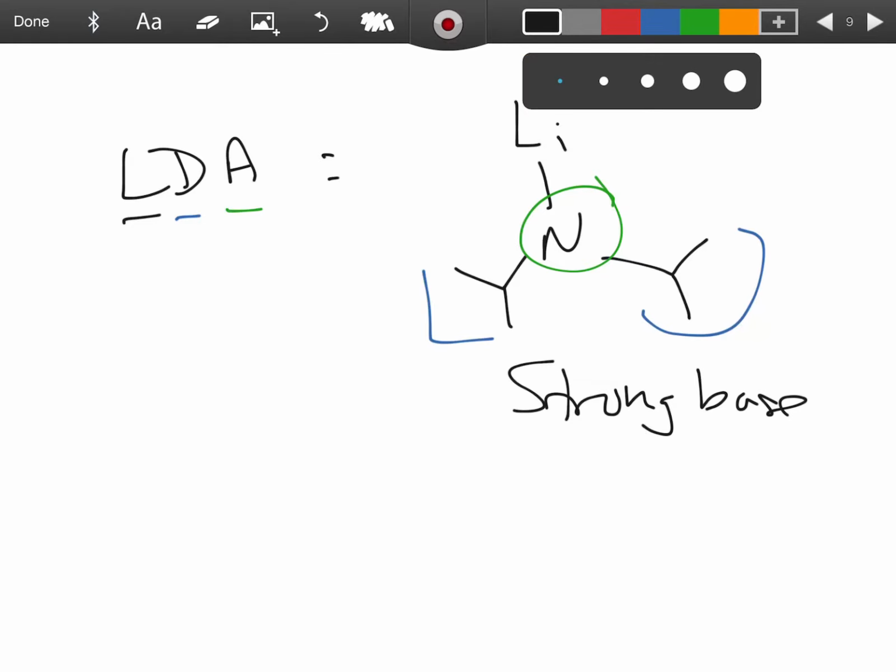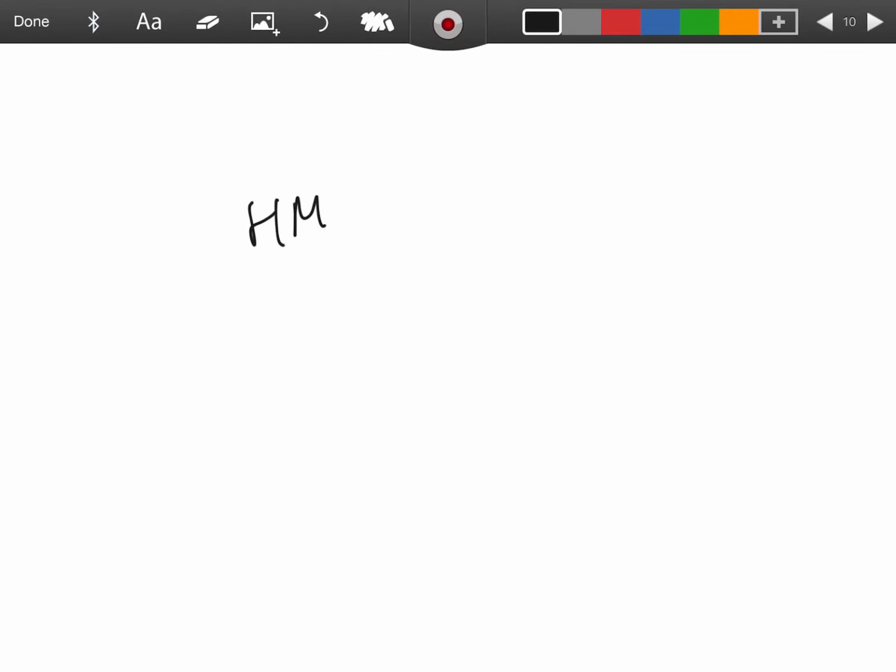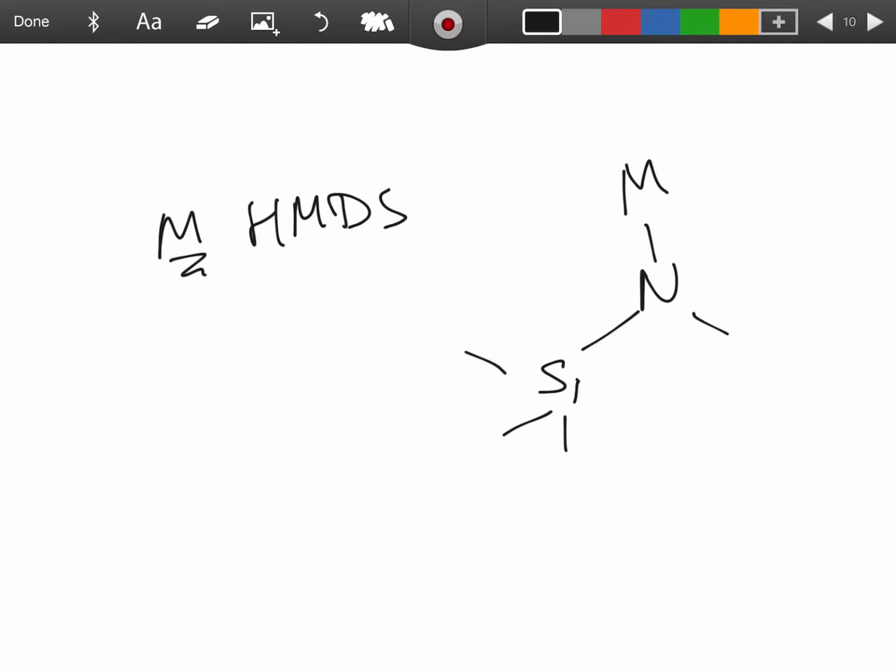There's a bunch of different versions of HMDS. The metal changes; you can have lithium, sodium, potassium, right? But it's still a nitrogen-based base, but you have two silicon groups, so two TMS groups.